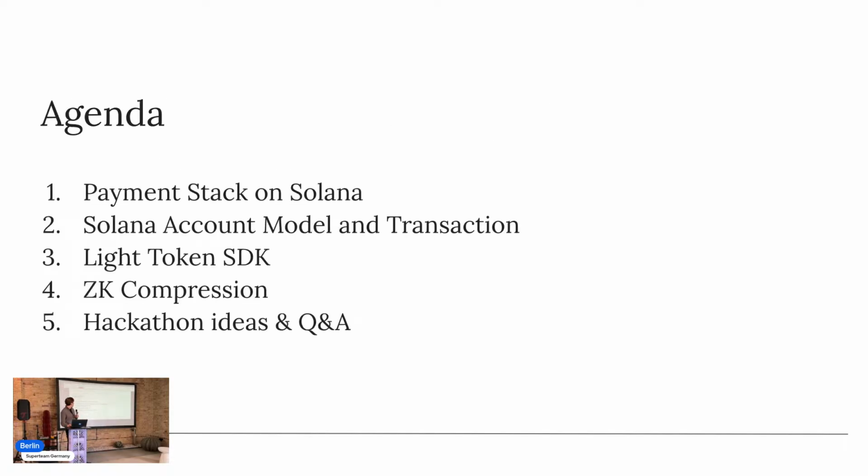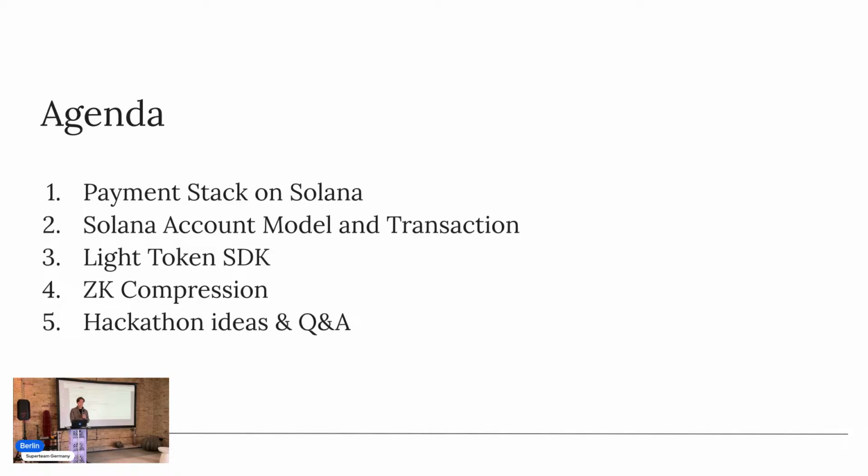So first, I'll go through the complete stack from embedded wallets to RPC providers and gasless transactions, then go down into how it works under the hood with the Solana account model, which Merdan also touched on earlier.